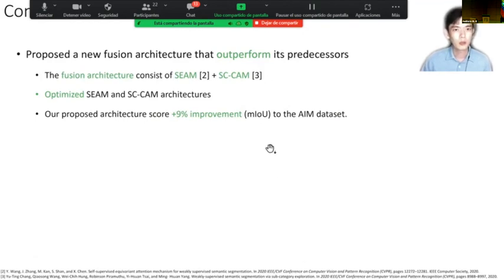And one of them is called the SIM architecture, and the other is the SCCAM architecture. In addition to just fusing two different architectures, we also optimize each architecture so that we will get better performance. And our architecture actually scored at least 9% improvement in the mean IOU score on the AIM dataset that consists of different construction vehicles.